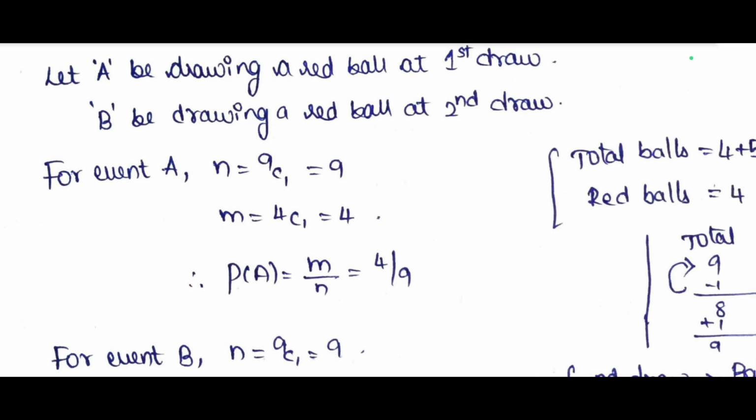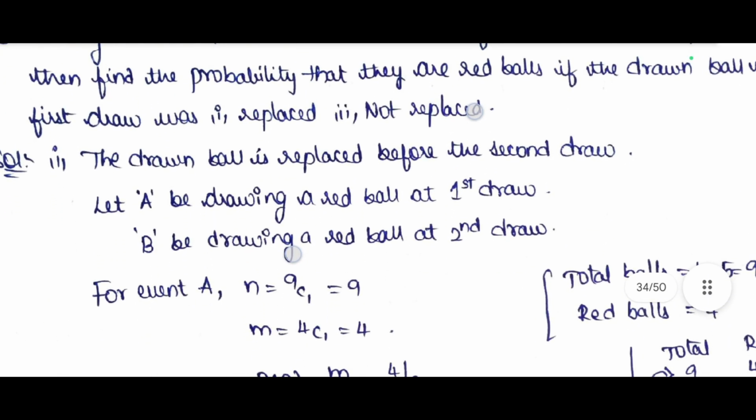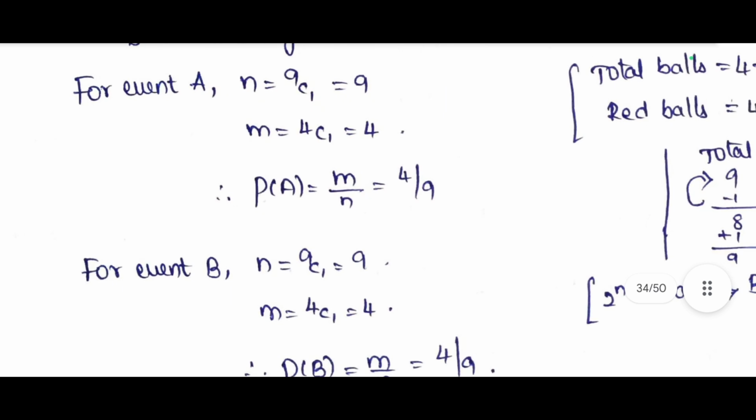And m is the number of favorable cases, the red balls. Drawing a red ball, how many red balls do we have here? That is 4, 4C1. So probability of A equals m divided by n, that is 4 divided by 9.